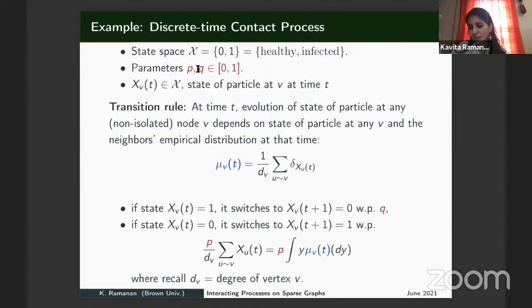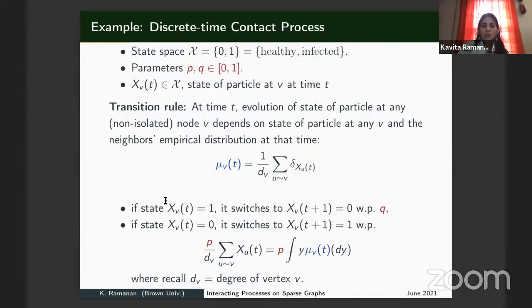In many cases, you have finite state spaces, which represent healthy or infected. And you have 2 parameters, p and q. The transition rule at a time t, the evolution of the state of a particle at any node v, depends on the state of that particle and the neighbors' empirical distribution, as I said.